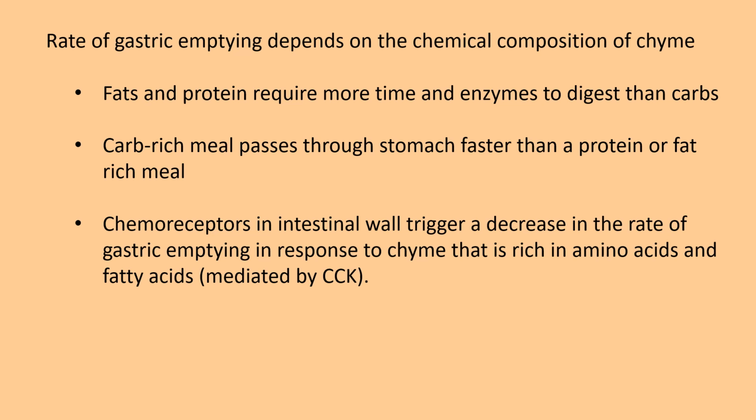Well, lipids and proteins, especially the proteins, are much bigger, more complicated molecules. You remember that proteins can be thousands of amino acids long, and they're folded in very complex three-dimensional ways, so they have to be denatured.